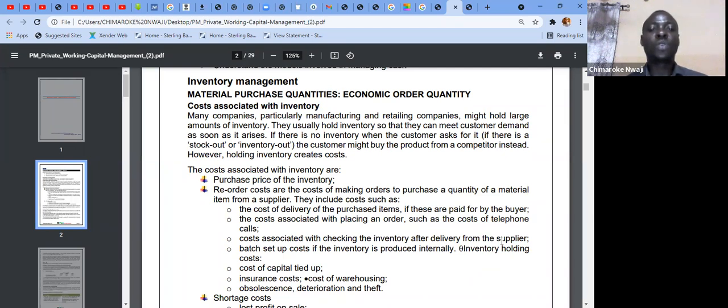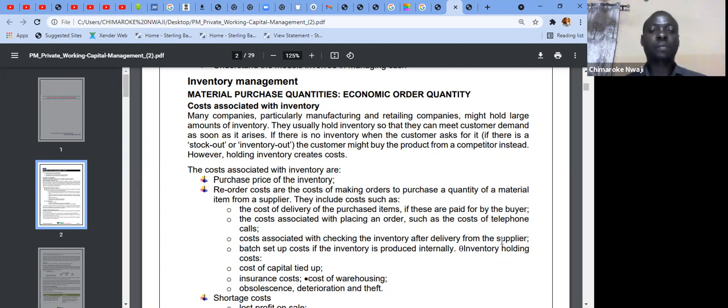And so if the customer asks and you say that you don't have it, you run the risk of stock out, and the customer may go to your competitor to buy the product. So you see that companies hold materials and finished goods because they want to avoid stock out.